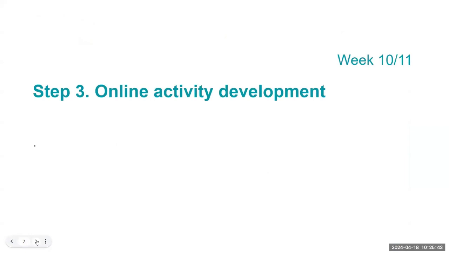And let's start with step 3, online activity development. Well, this is an important step because after we have done our storyboarding for one of the sessions of one of our modules of our course outline, we really want to then start developing those materials.